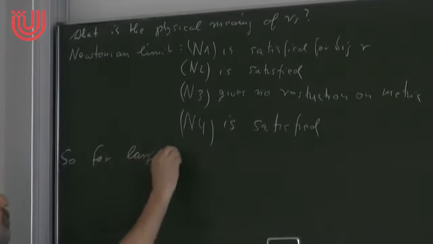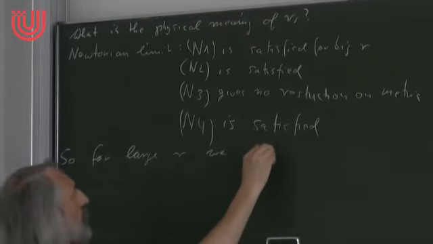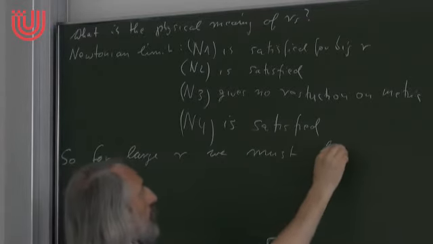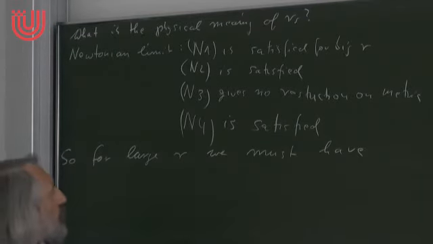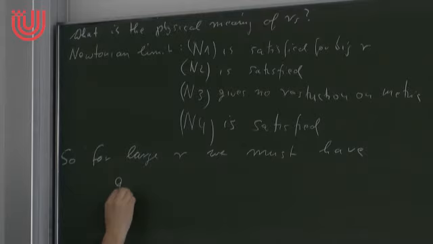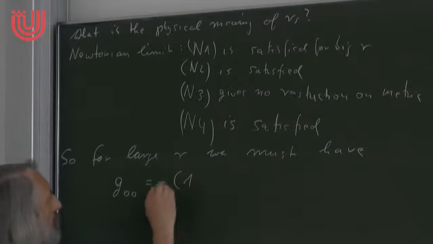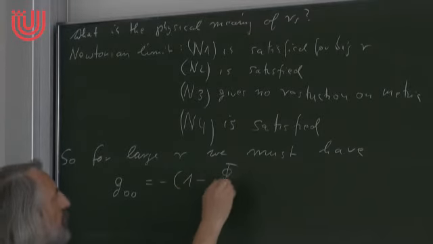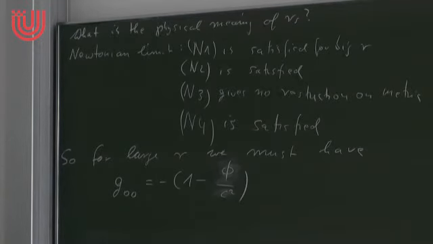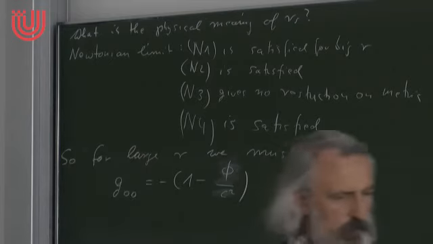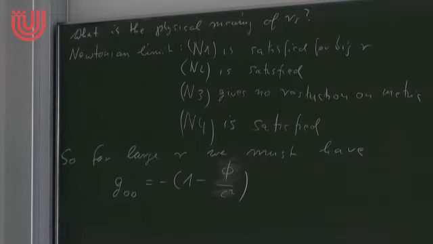For large R, we must have, well, this was a relation which connects the potential to G naught naught. So the coefficient of the x naught component, x naught is c times t. So this was minus and then 1 plus 2 phi over c squared. That was the equation which we derived, which must hold in the Newtonian limit.